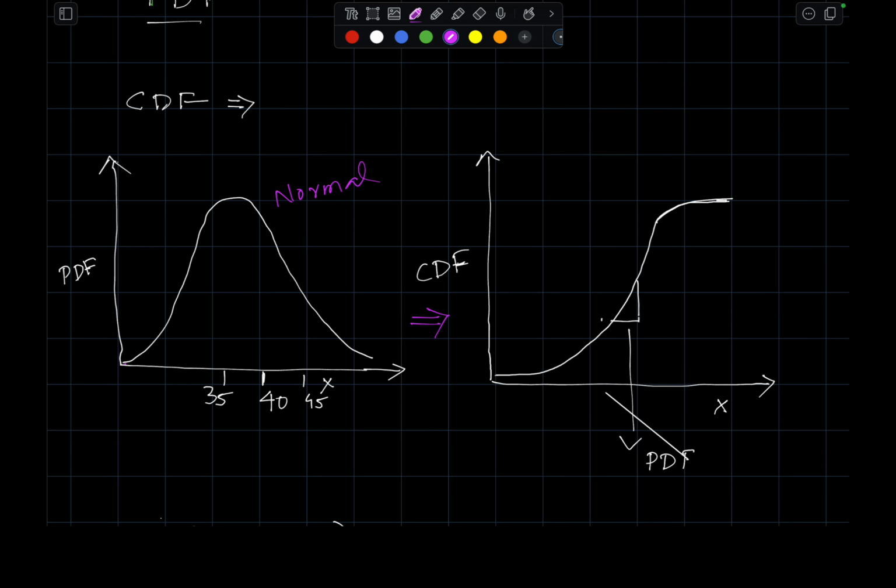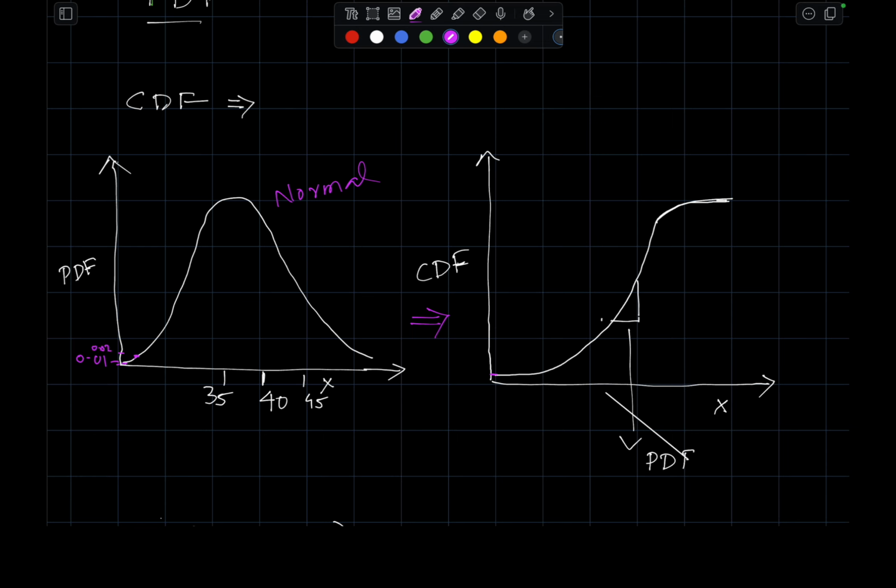So when we draw this into a CDF fashion, let's say we have a value of 0.01. The first value will be the same as that, and then next let's say we have a value of 0.02.